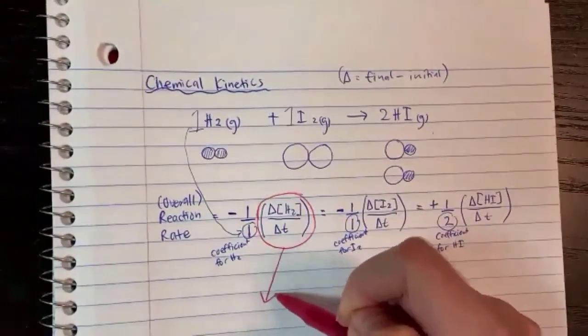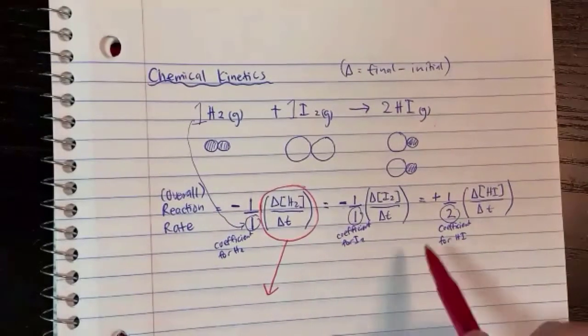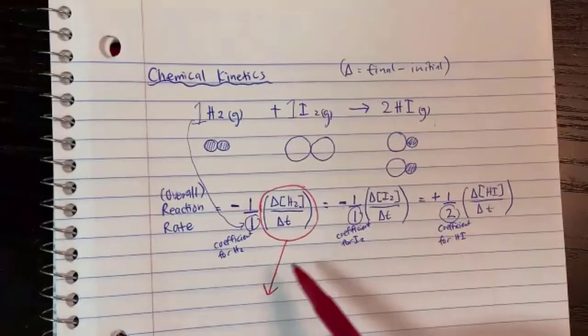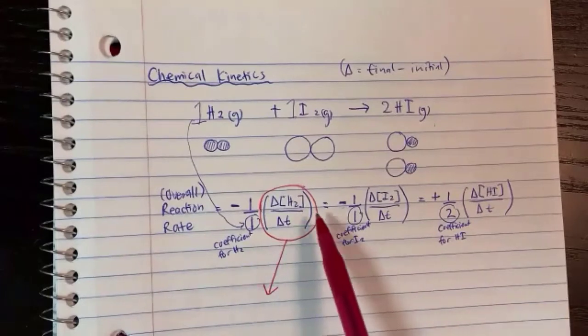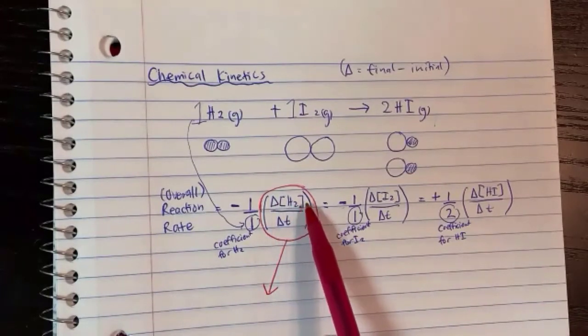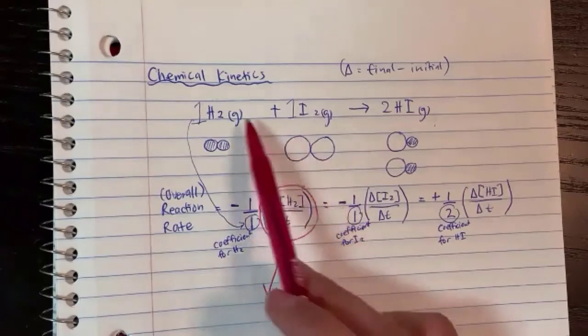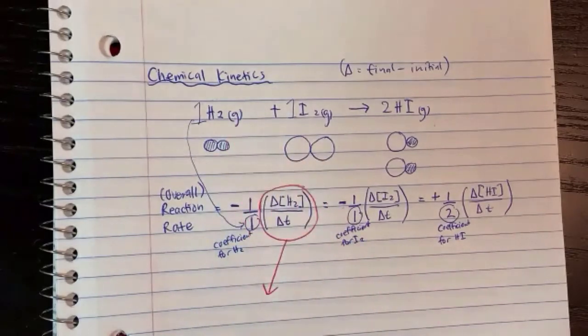What does that term symbolize? This term tells you the change in concentration of H2 over the change in time. We know hydrogen gas, in this case, is going down, so it's disappearing.